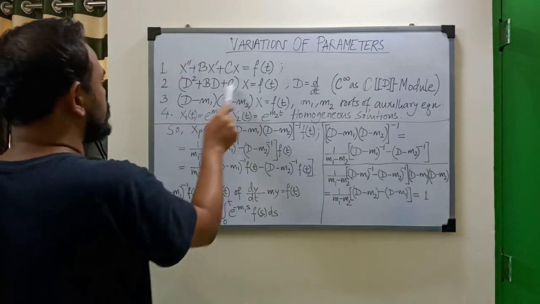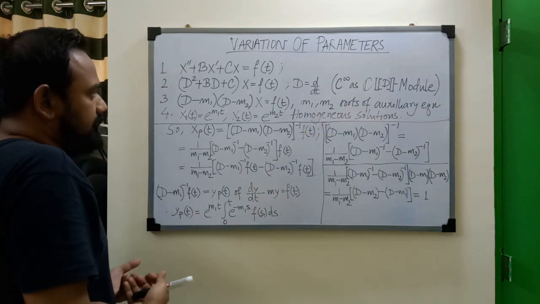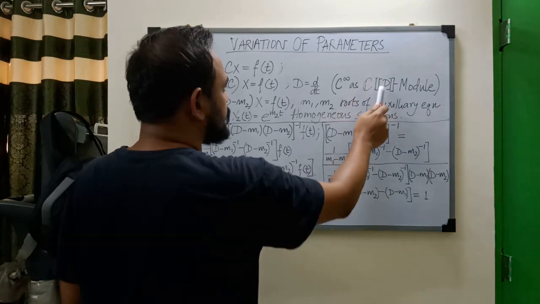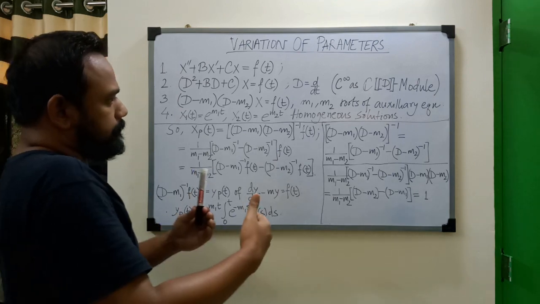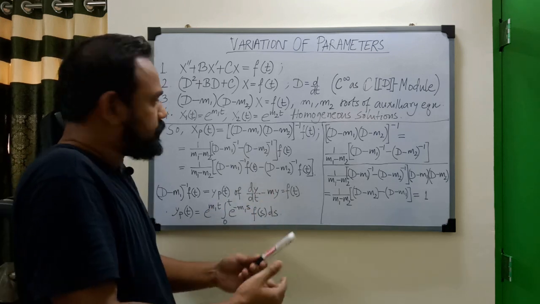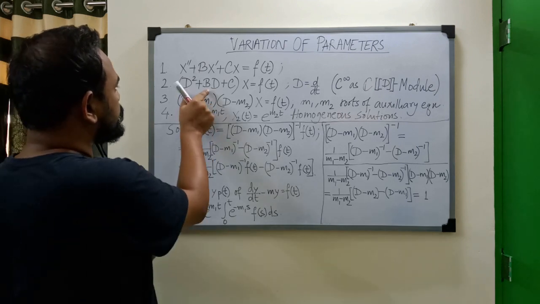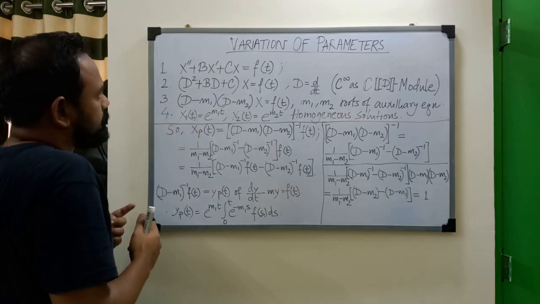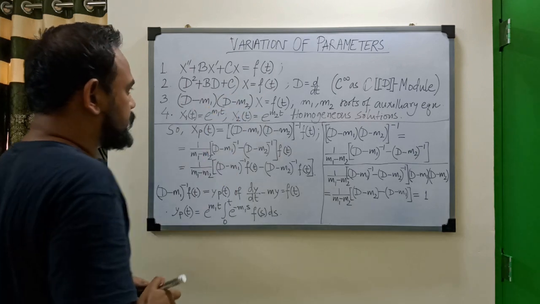Because this is an element here, and the way we had defined products and additions over this field, it turned out to be a ring. This C[[D]] turned out to be a ring, and so therefore all the laws of distribution and everything were true over there, and so by those things we can actually factorize this second order or second degree polynomial as a product of two first degree polynomials.